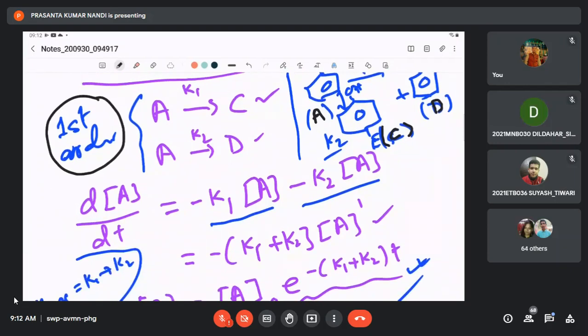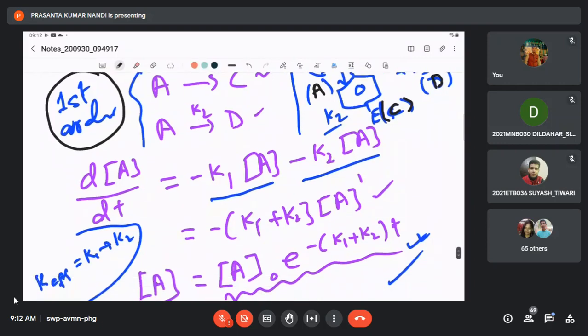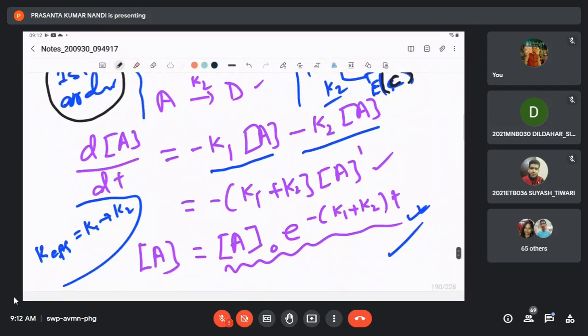This can be rearranged like this: minus K1 plus K2 into A. Now, if you integrate this equation, it seems to be a first order reaction, right? Normally you know what the differential rate law is and what the corresponding integrated rate equation is. So that's why we have written like this.